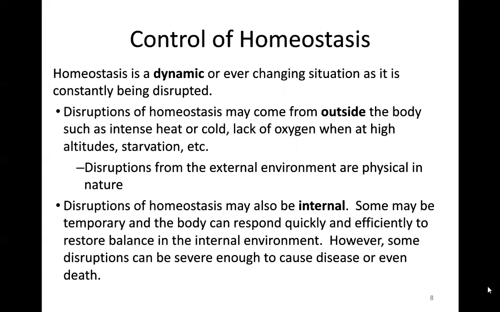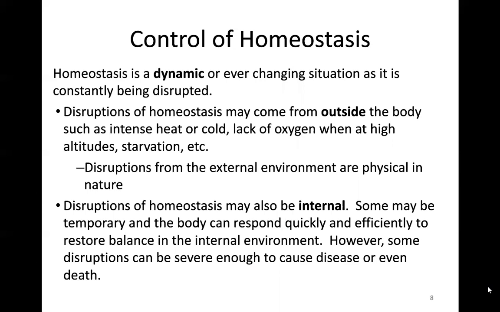I've already kind of told you the first sentence here, homeostasis is a dynamic or ever-changing situation as it's constantly being disrupted. But you have to remember that disruptions can come both externally and internally, meaning outside the body or inside the body. Okay. Outside the body examples we have here, intense heat or cold. We've talked about that one already.